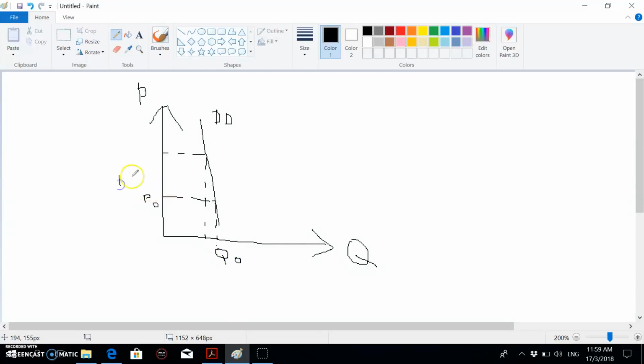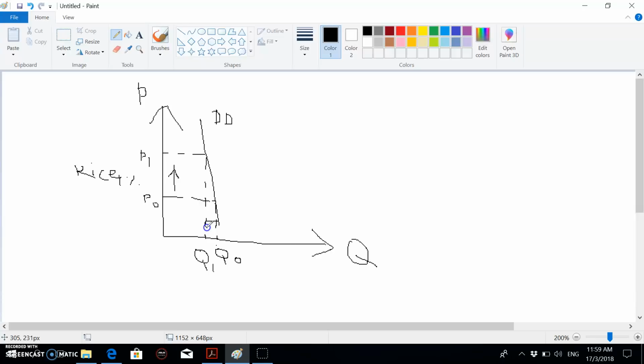So a 1% increase in the price of rice. Let's say the price increases from P0 to P1. Your quantity demanded will decrease. Remember the law of demand: price increases, quantity demanded decreases.